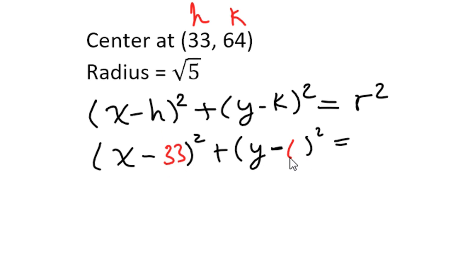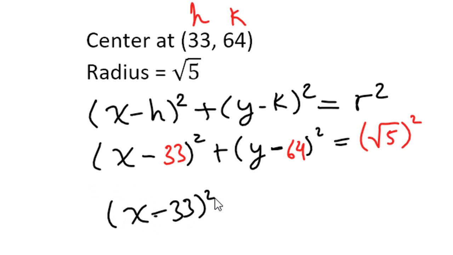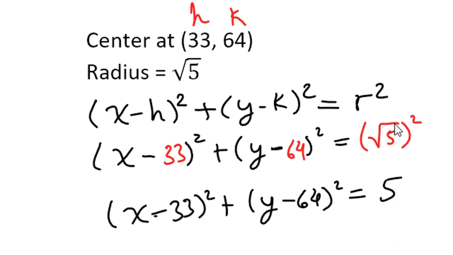The radius squared is the square root of 5, squared. Simplifying, the only thing I need to simplify is the right side. Everything else remains the same. On the right side, the square and the square root undo each other, so my answer is 5. So (x minus 33) squared plus (y minus 64) squared is equal to 5 would be my final answer.